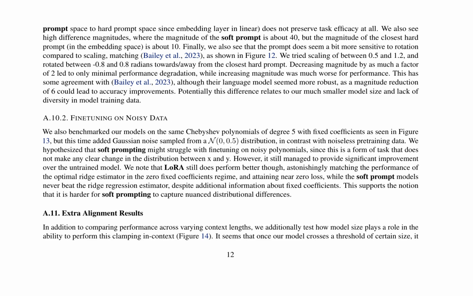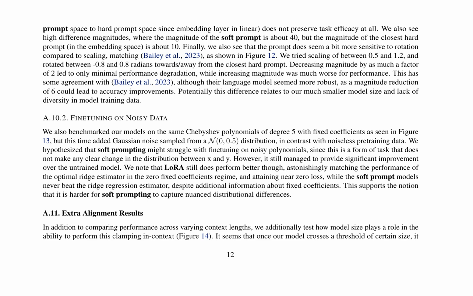Figure 11 compares the performance of fine-tuning methods on normal random linear combinations of Chebyshev polynomials of degree 5, with varying numbers of fixed coefficients. The results show that LoRA outperforms soft prompting, especially when the number of fixed coefficients is low.